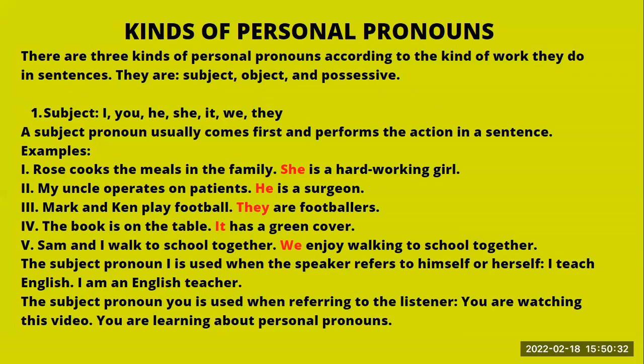But when you look at the possessive pronoun, you discover that it is also derived from the personal pronoun. And we may also include the reflexive pronoun. These are all derived from the personal pronoun. But today, we want to focus on these three.